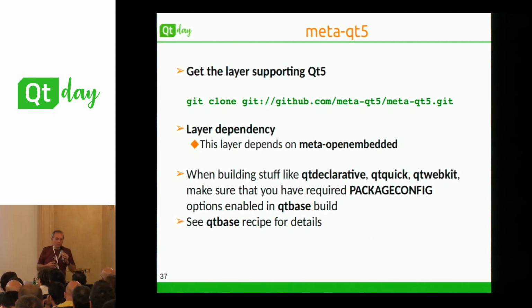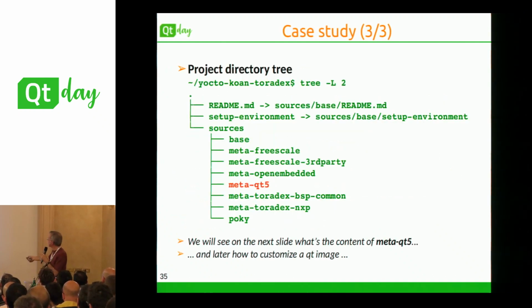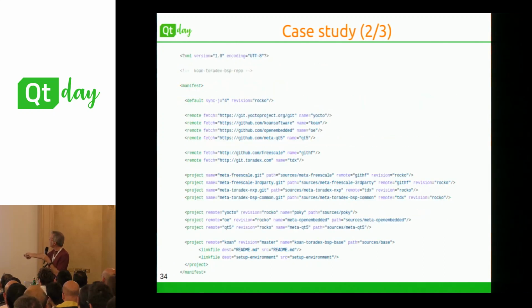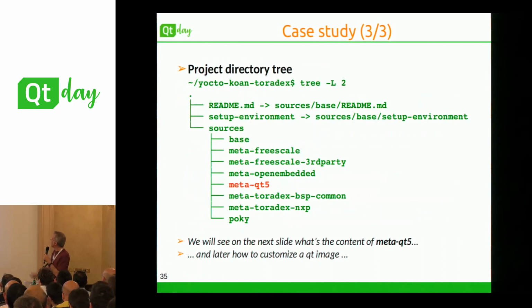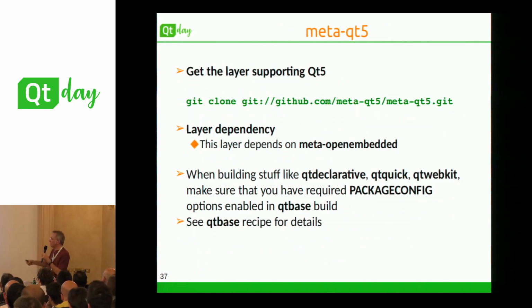Meta-qt5: I downloaded it using git clone meta-qt5.git or using the instructions in the previous slides. It depends if you want to use the mechanism I prepared on my GitHub website, which gives you everything in one shot, or if you want to download every single component by hand, maybe more interesting from a learning point of view because you are more aware of what you are doing.